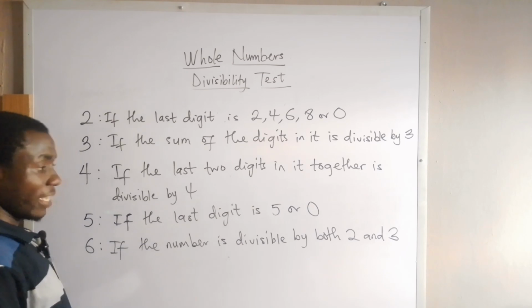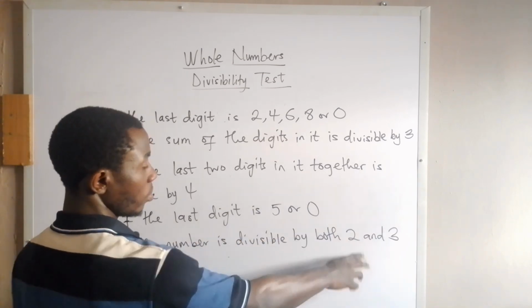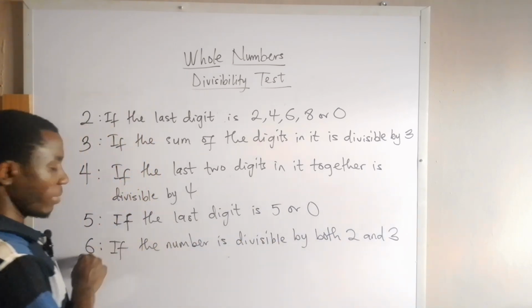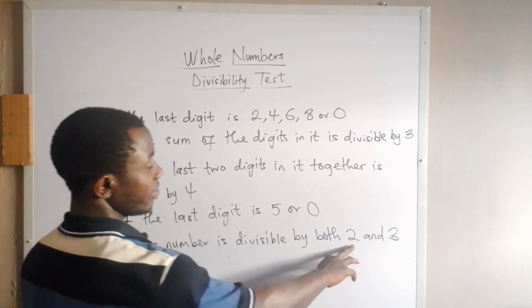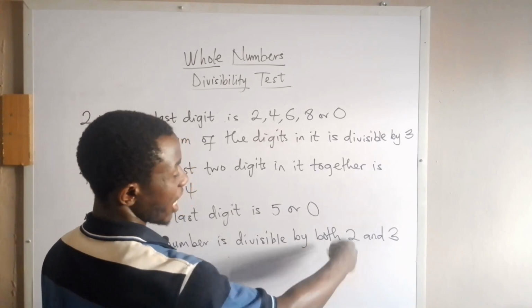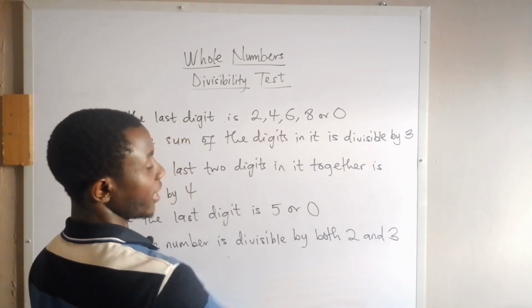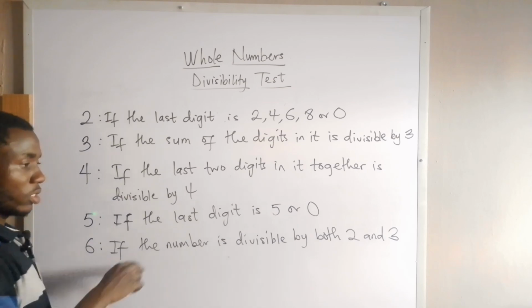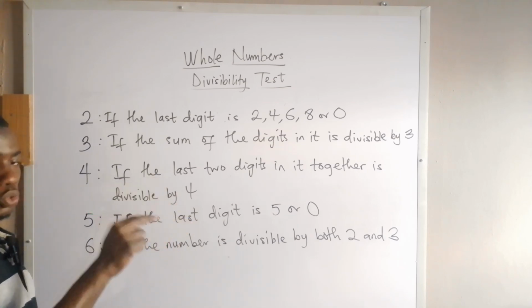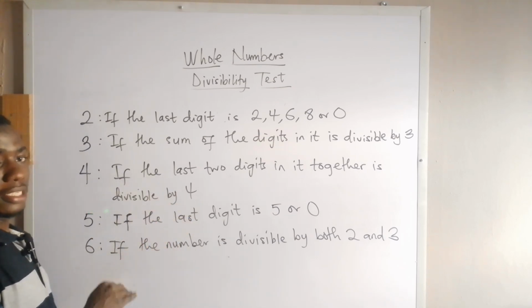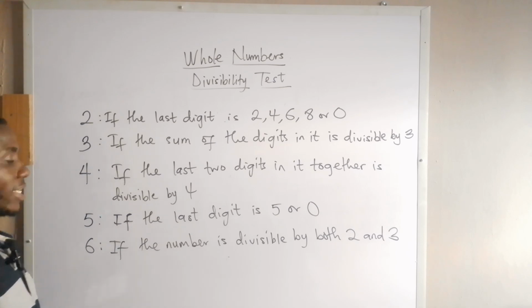So if the number is divisible by 3 and is divisible by 2, then we say the number is divisible by 6. But if the number is divisible by one of these two and is not divisible by the other, then it's not divisible by 6. So it must be divisible by 2 and 3 altogether before it is said to be divisible by 6.